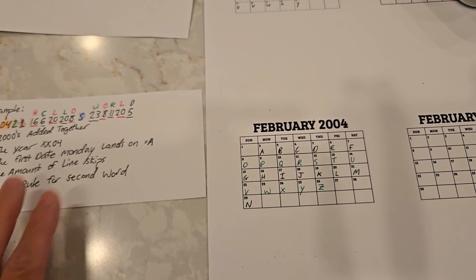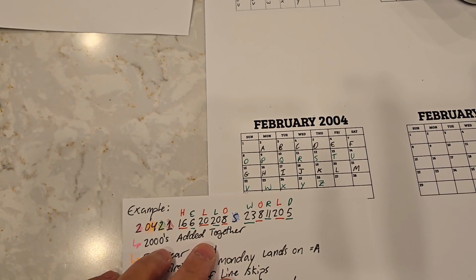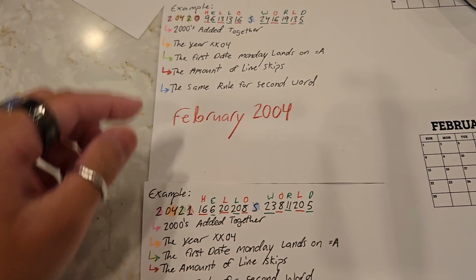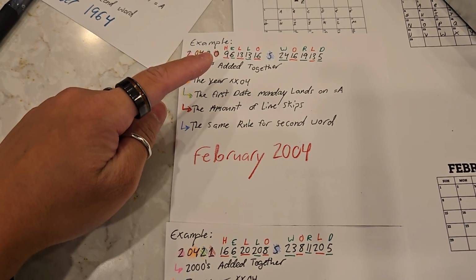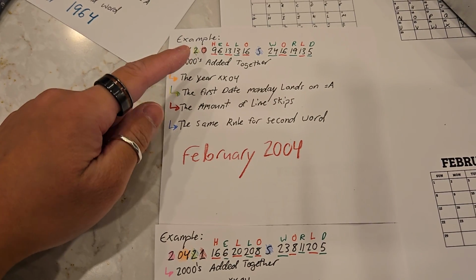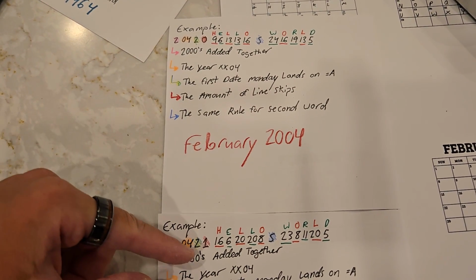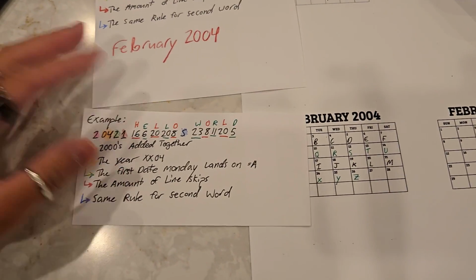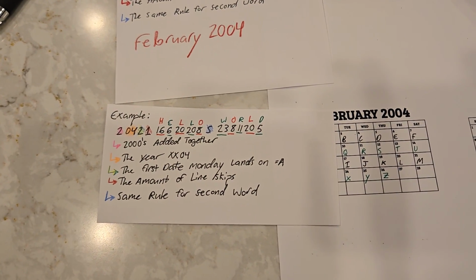And then you just go through, and that's why this one looks different from this other February one. So it's 9 for H in the 0 line skips and 16 for H in the 1 line skips. And that's just kind of a cool cipher that I thought about. So yeah.